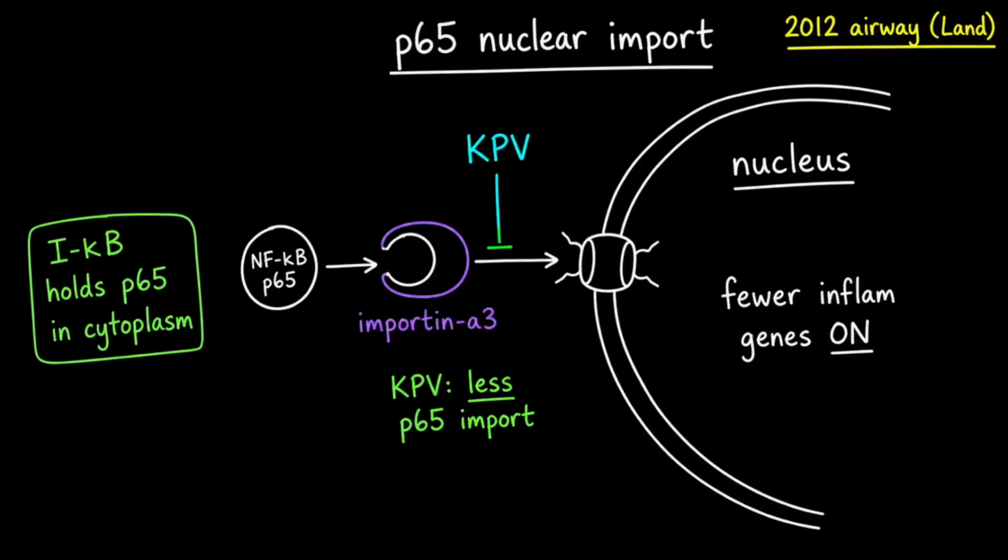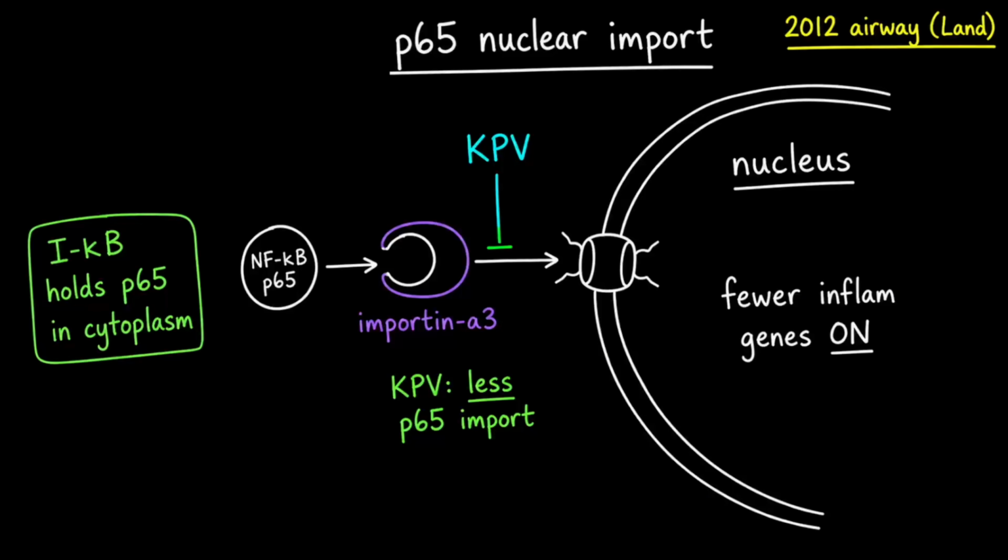And a 2012 study actually linked KPV to less P65 import, keeping IKB stable. So it basically holds P65 out in the cytoplasm, outside of the nucleus, and the net effect is fewer inflammatory genes get turned on.